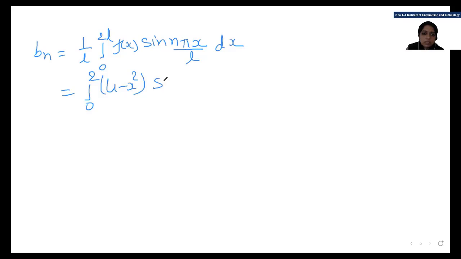Here sine n pi x, value of L is 1, into dx, right? So now I want an answer from your side. Please raise your hand. Who will give the integration of this second step?